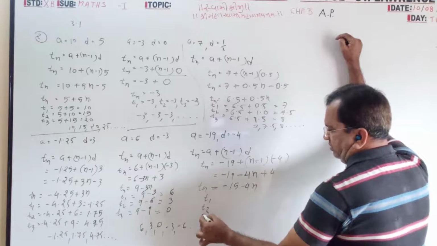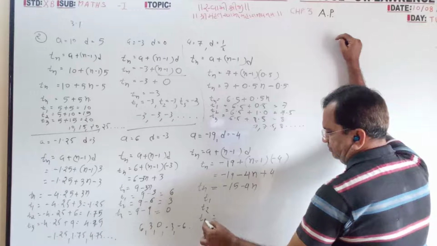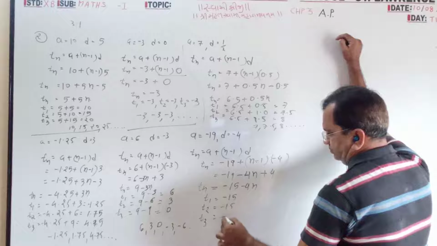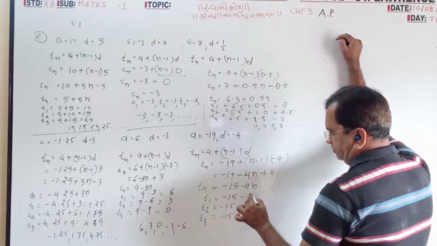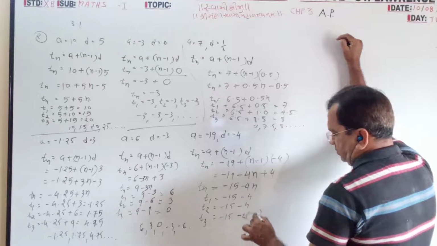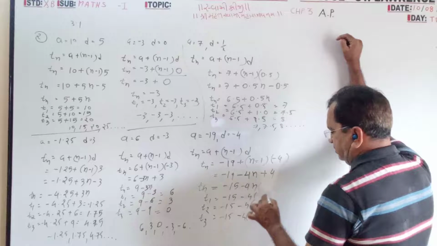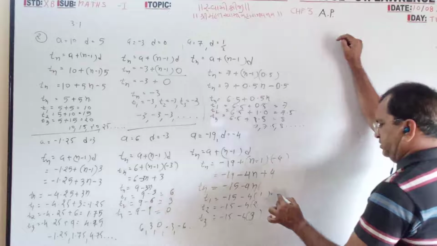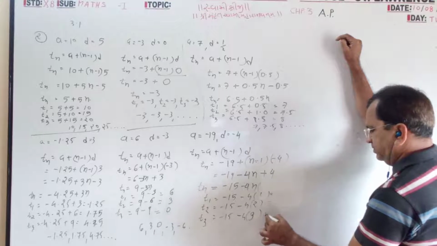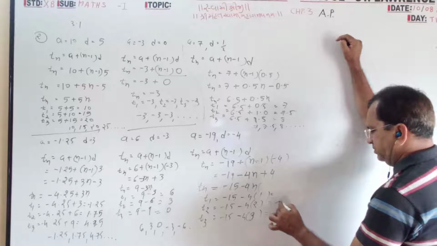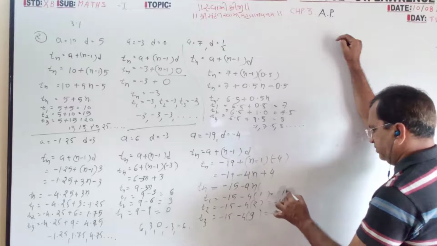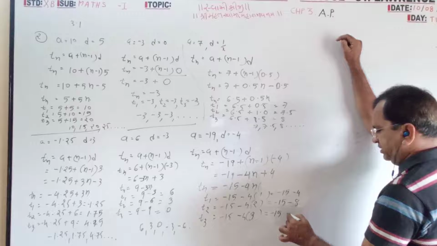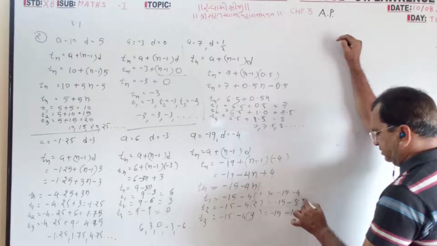T1, T2, T3: 1 gives 19, 2 gives 23, 3 gives 27.